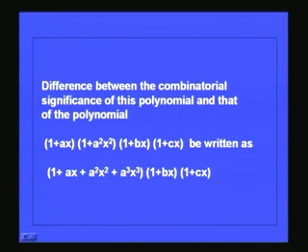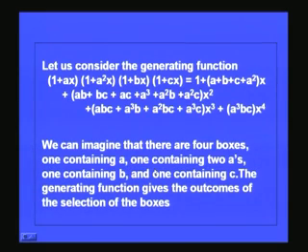This is different. Here you are allowing A to be selected once, twice, thrice and so on. So, that is not the same thing. If you expand, it will be like this.